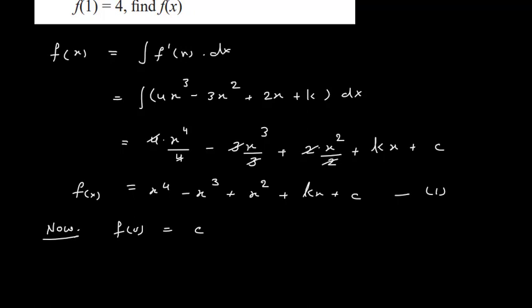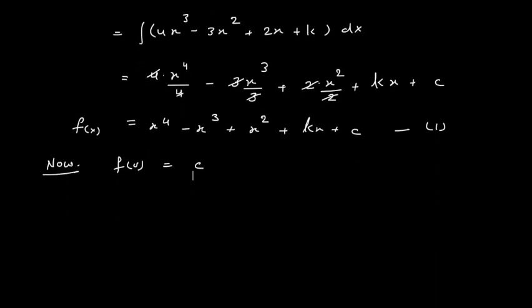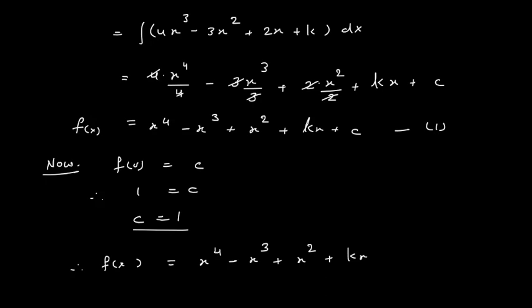So f of 0, we have f of 0 is 1. So therefore 1 is equal to c. So we get the value of c equals 1. Okay, so therefore rewrite f(x) again. So f(x) is x power 4 minus x cube plus x square plus kx plus c, so plus 1.